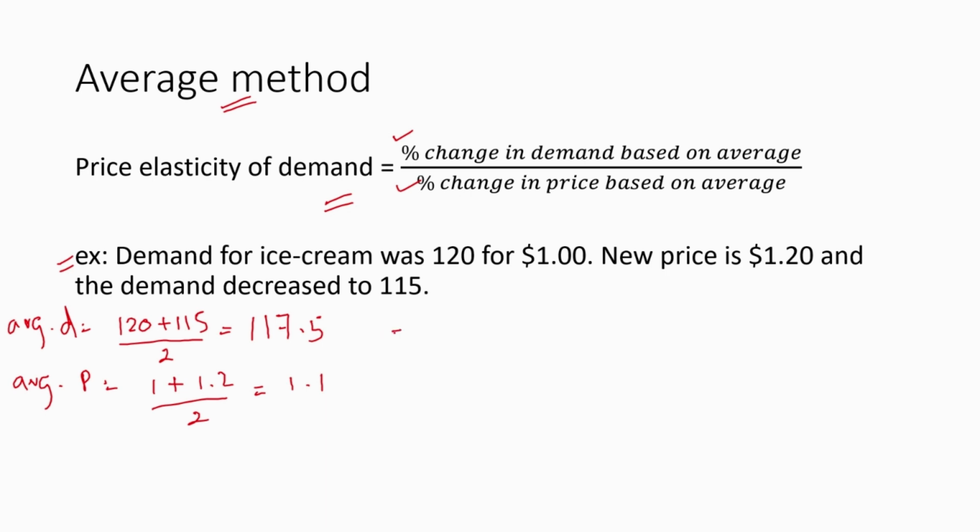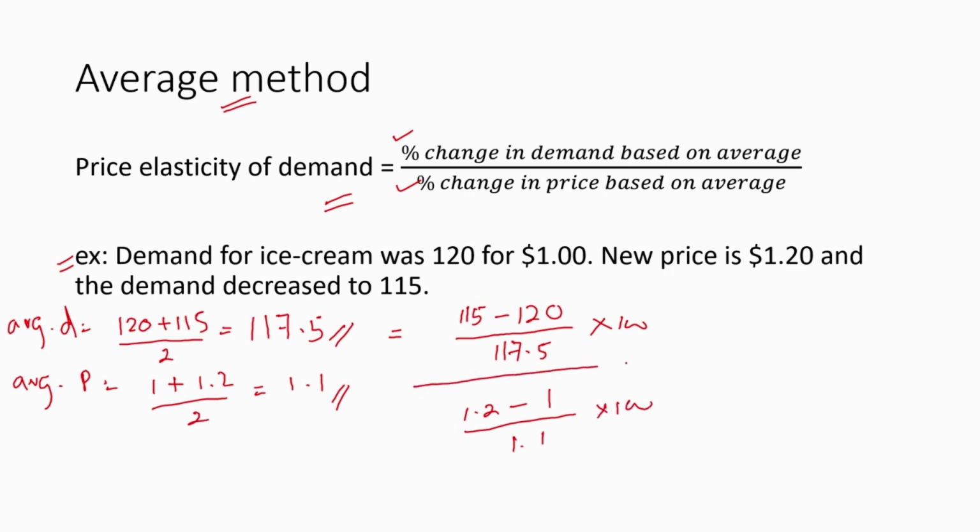Now we can assign these values to this formula to find the price elasticity of demand. Pay close attention. We take the new demand value 115 minus the previous demand value 120, and divide this by the average demand 117.5, multiplied by 100%. That is divided by 1.2 minus 1, divided by the average price 1.1, multiplied by 100.